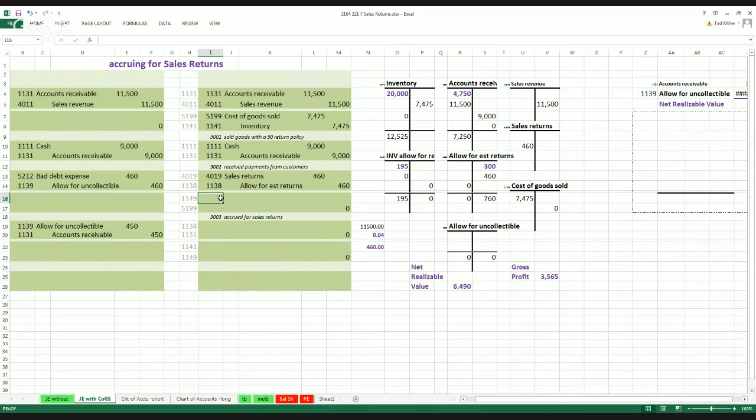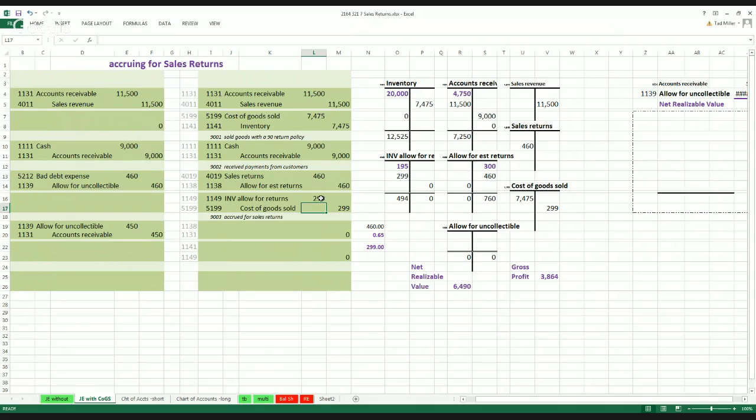But in this case, let's say that we will be able to put this merchandise back on the shelf and resell it. And so when they return the goods, if they return $460 worth of goods and the problem tells us that the cost of goods sold is 65%, then we're going to get $299 that we can put back on the shelf.